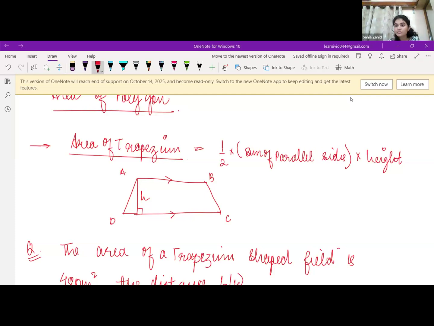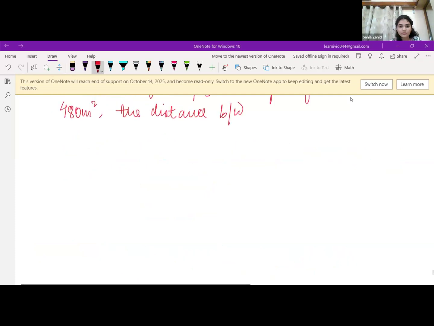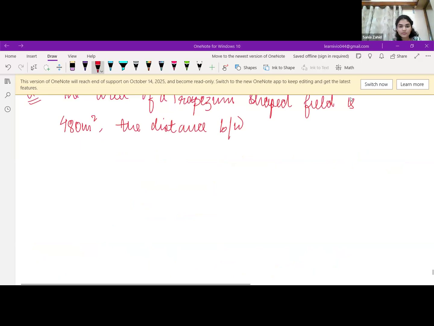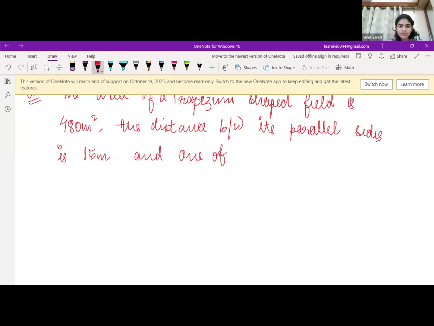Done. The question is now the area of a trapezium shaped field is 480 meters square. The distance between its parallel sides is 15 meter and one of the sides is 20 meter. Find the other.